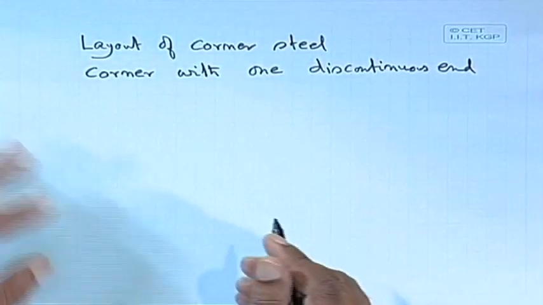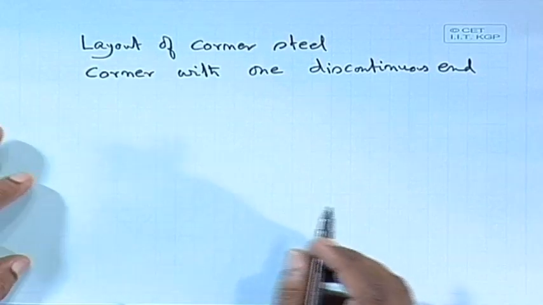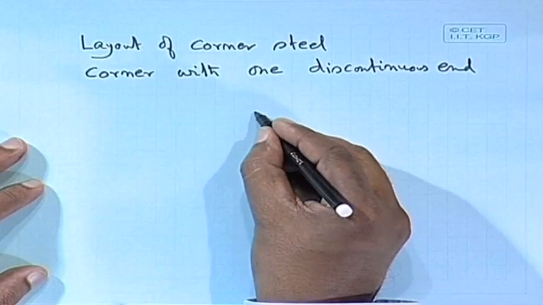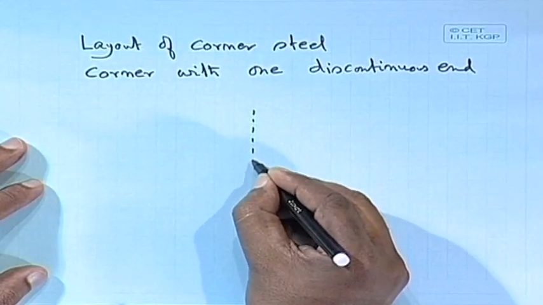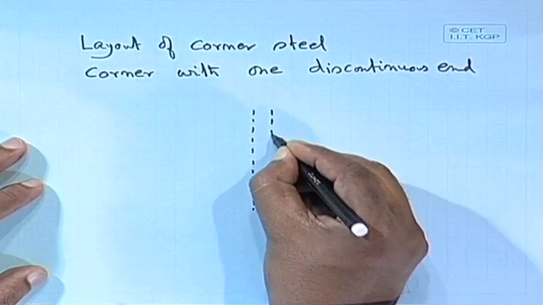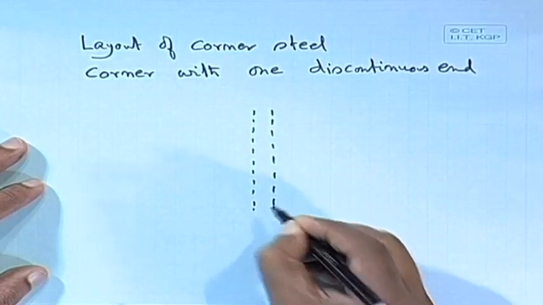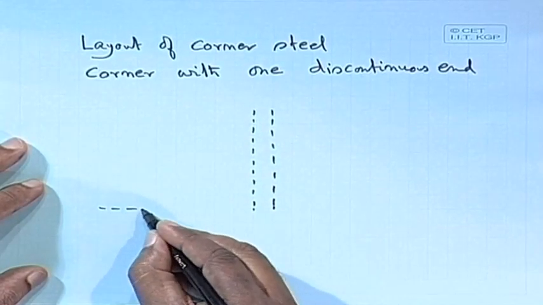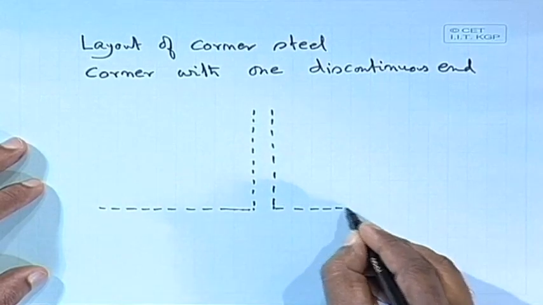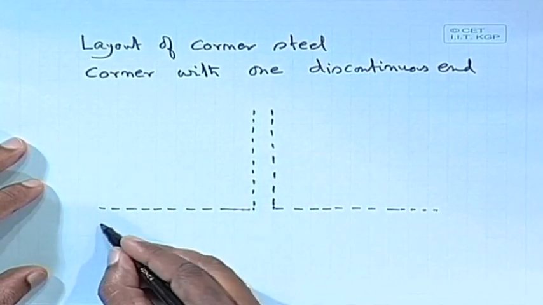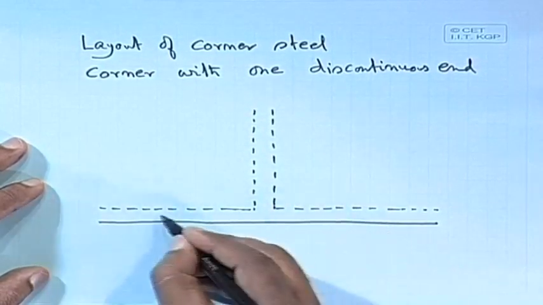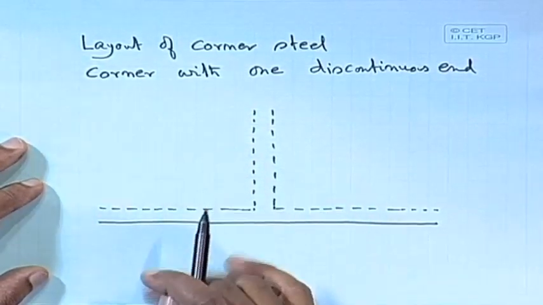That means, when we have only one discontinuous end, what will happen? In that case, this is your middle support, this is one beam, maybe this is also another beam. So, here only one side is discontinuous.